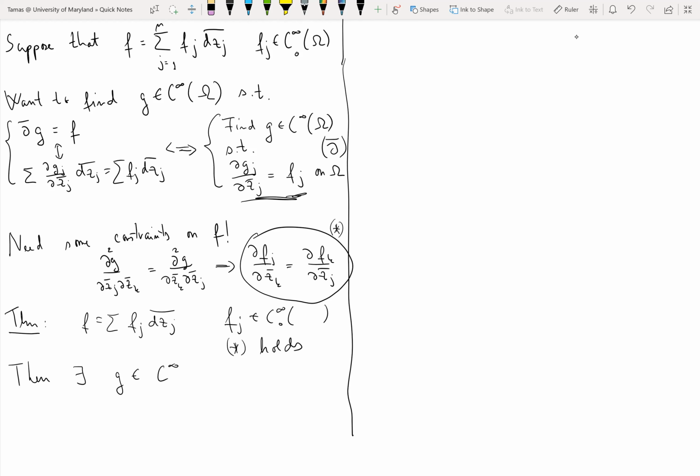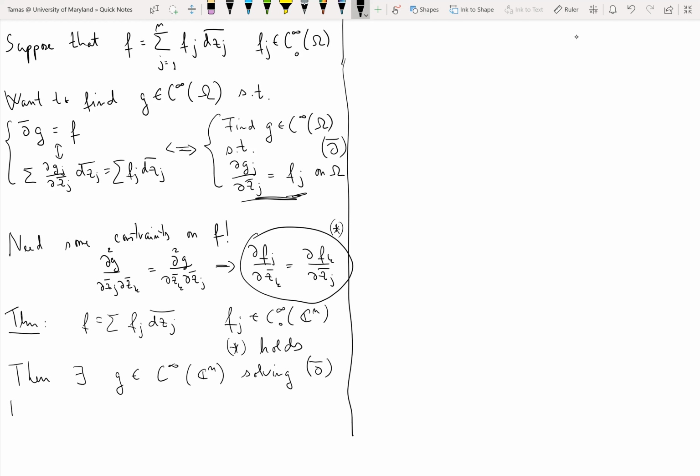Let me just forget omega altogether in this theorem and work on C to the n. So let's work on the trivial case where omega is equal to C to the n. This will suffice to prove Hartogs theorem. So then there exists a smooth G on C to the n solving the Delbar problem.